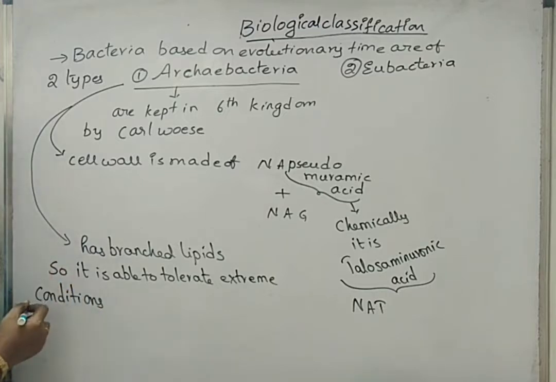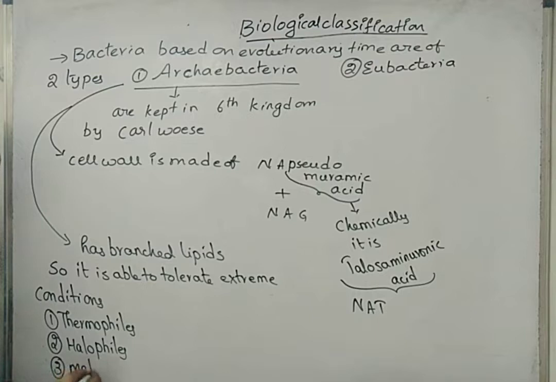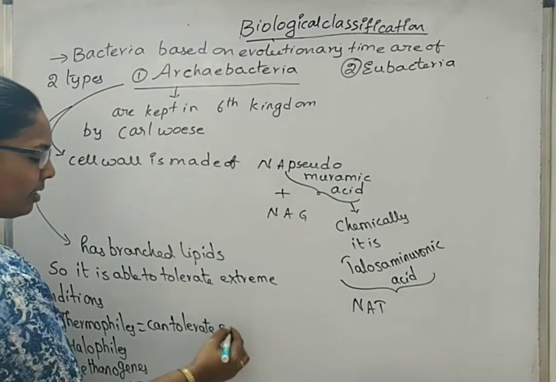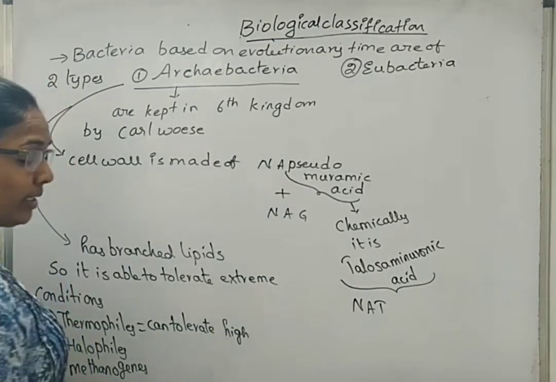Under Archaebacteria, we have types: thermophiles, second halophiles, next methanogens. Thermophiles can tolerate high temperatures, even above 120 degrees centigrade.